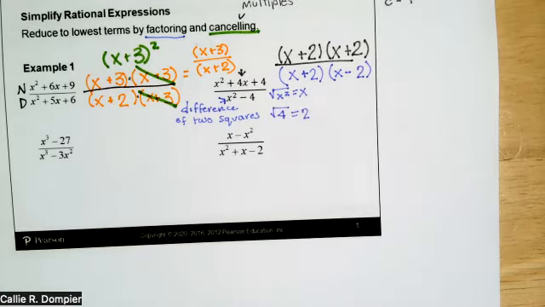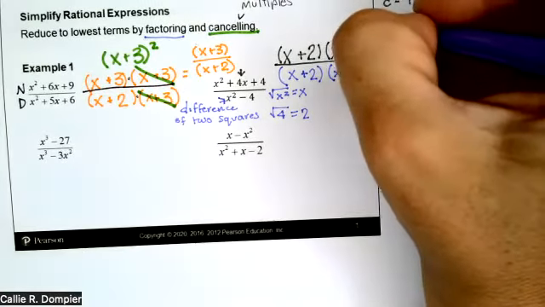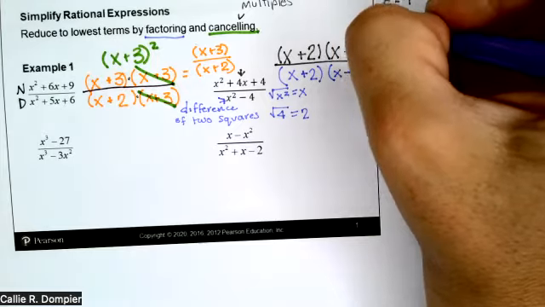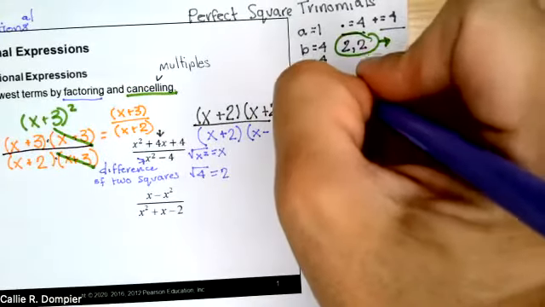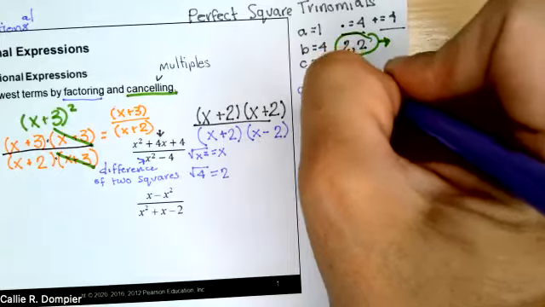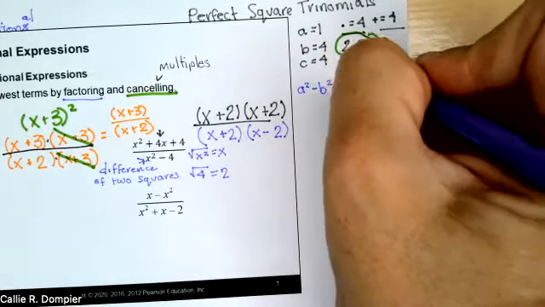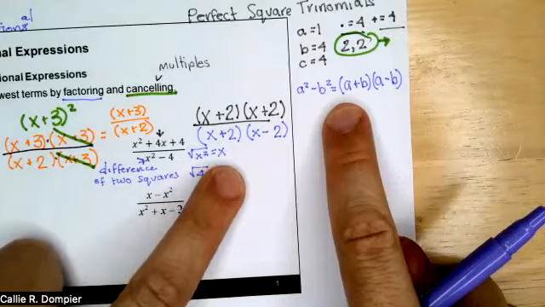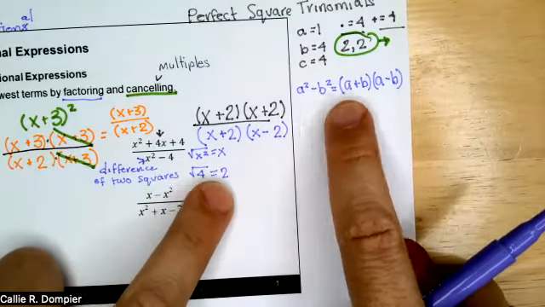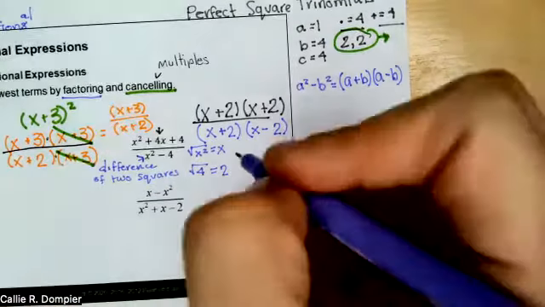Difference of 2 squares. And I would just write that on my note card. Just a squared minus b squared becomes a plus b times a minus b. Good. So a squared was x squared, so a itself is x. B squared was 4, so b itself is 2.